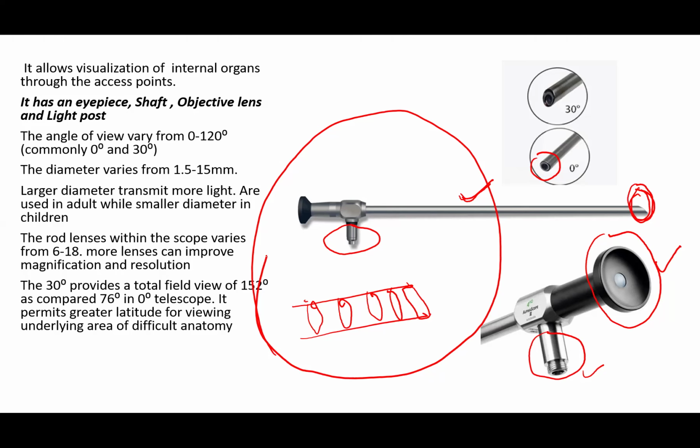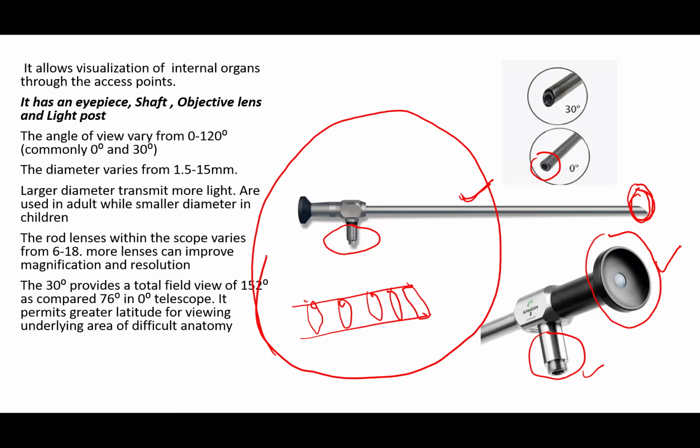What is the optimal temperature of the light source in pediatric versus adult? Usually, the telescopes or the light sources are well designed to filter excessive heat.